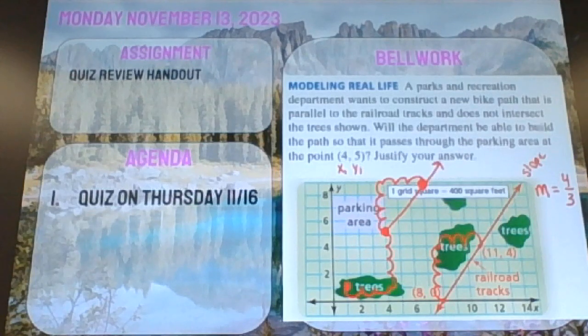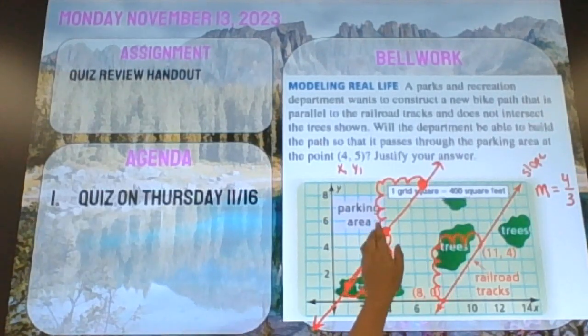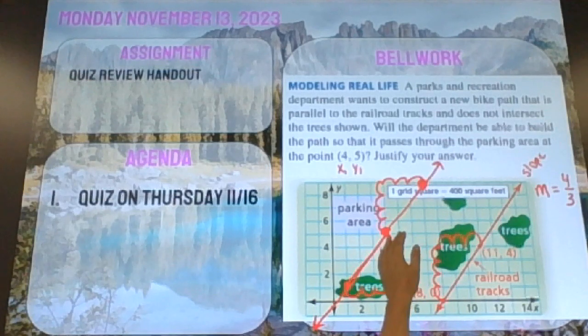Sure does hit this tree right here. No, I think the answer is no. They can't do it now. There's a condition. If they just start the bike path here, then they're good.